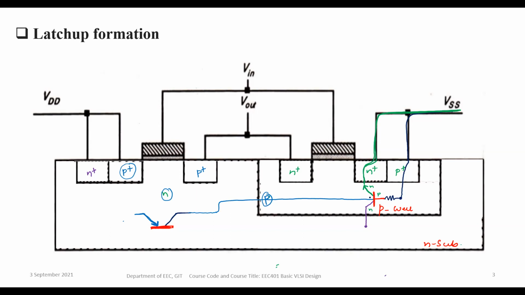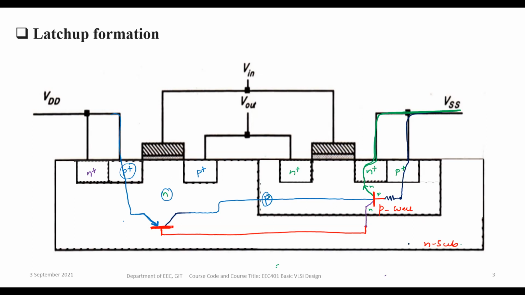So this substrate and this substrate are equal. This base and the collector are at the same point. Okay. So this is connected to the emitter terminal.